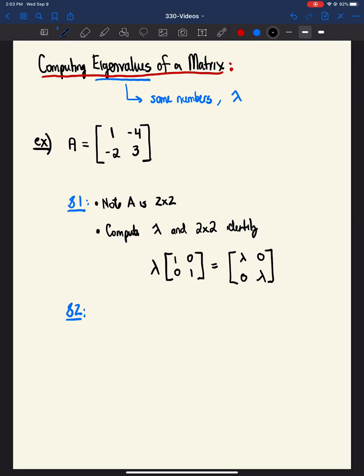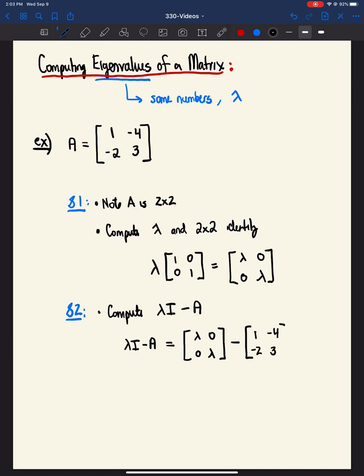Step 2, compute the difference of lambda I minus our original matrix A. In this case, we have lambda I, which was what we just computed in step 1, and we're subtracting from it our original matrix A. So we have lambda, 0, 0, lambda, and we're subtracting off matrix A, which is 1, minus 4, minus 2, 3.